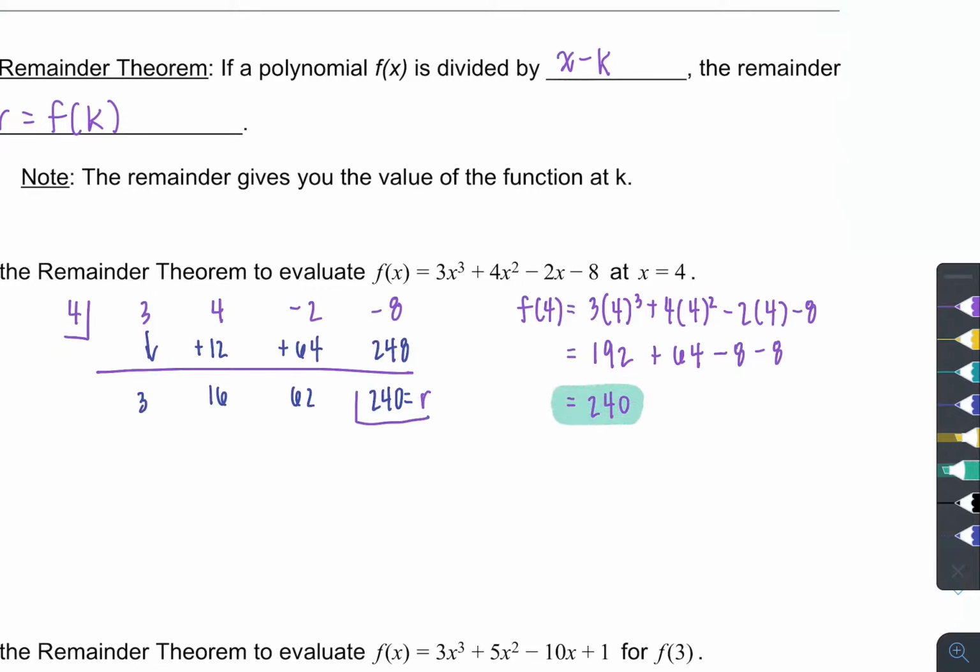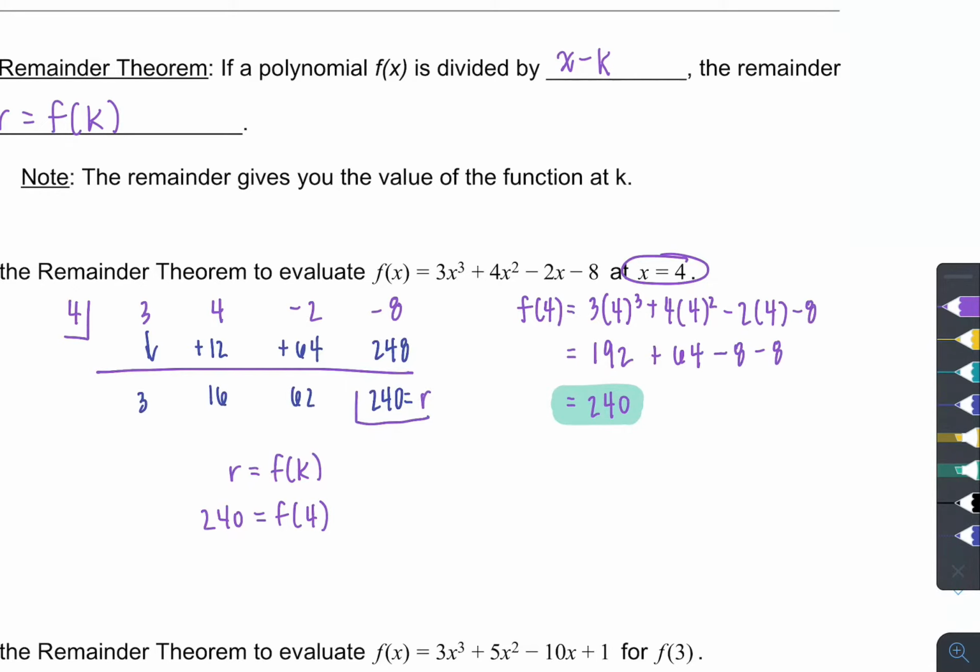You can check my math on that, pretty sure it's right. So if you use the remainder theorem with this as your factor, then you will get that out. That's why it says r equals f of k. So it's 240 equals f of 4.